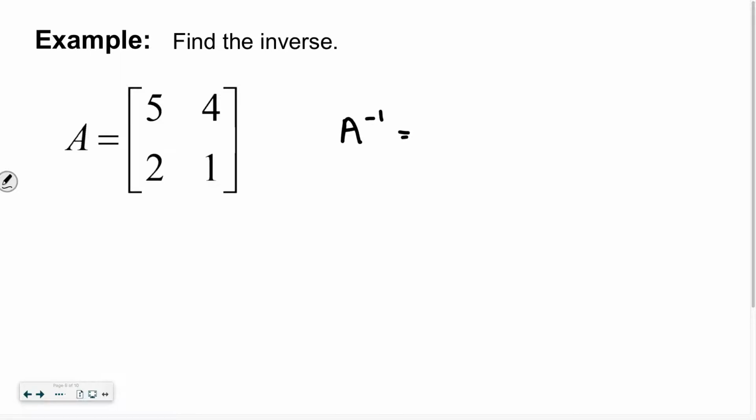So the inverse of A is 1 over, and I'm going to show my work for the diagonals. First diagonal is 5 times 1, which is 5. It's always subtract between the two. And then the second diagonal is 4 times 2, which is 8. On my homework, I probably do that in my head, 5 minus 8.